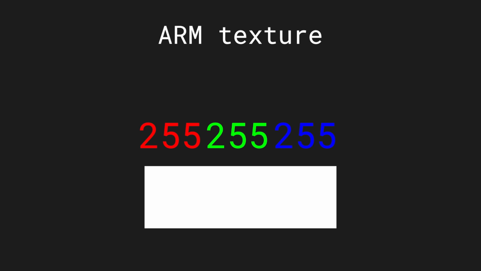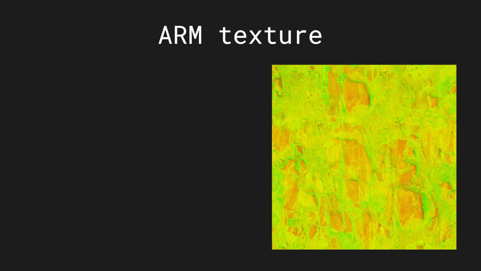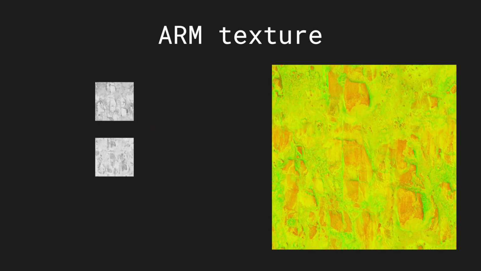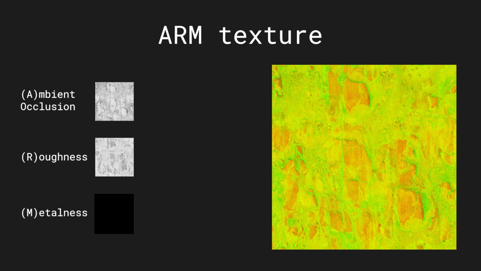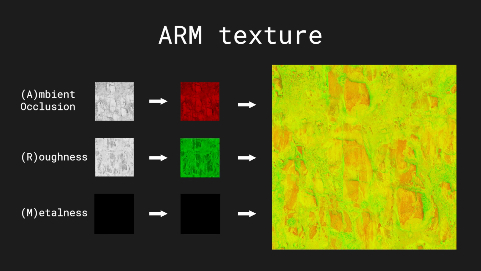So if you want to increase performance, you can decide to combine up to 3 grayscale textures into one RGB texture. The ARM texture in this case stands for ambient occlusion, roughness and metalness texture. The red value of the texture will be used for the ambient occlusion, the green value for the roughness and the blue value for the metalness. Since our asset doesn't have any metallic surface, you won't see any blue values.